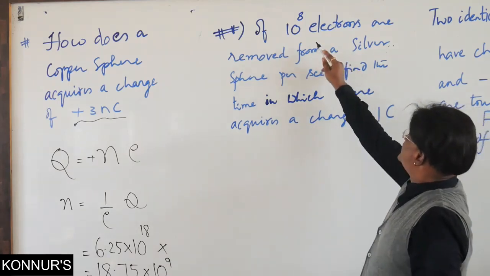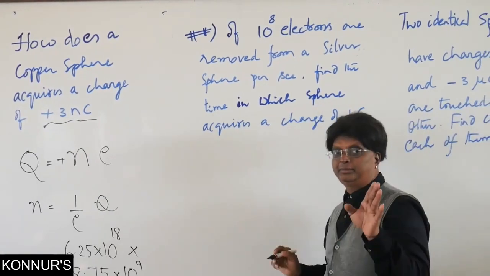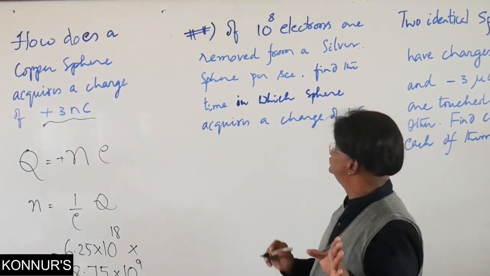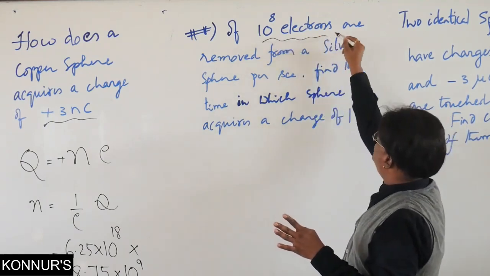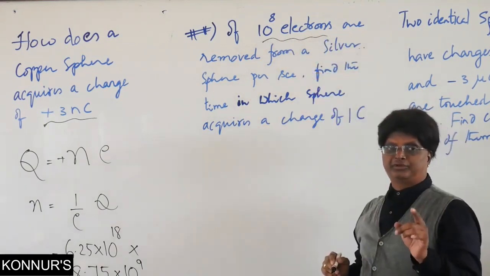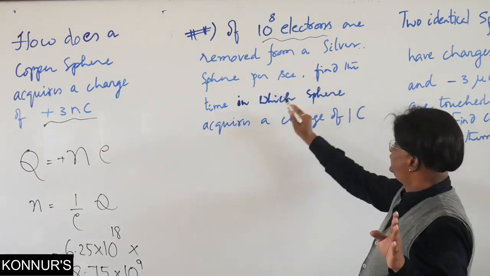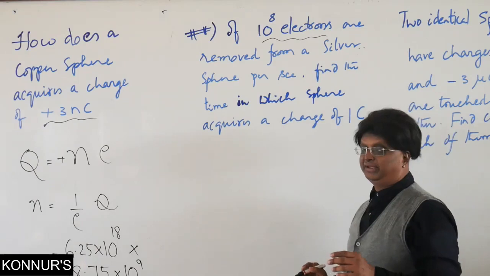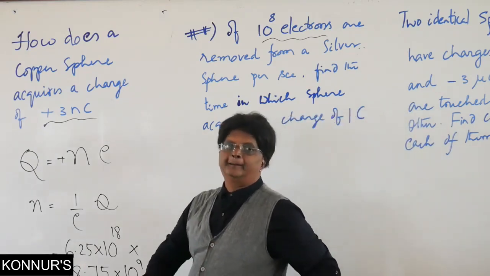Supposing 10 raised 8 electrons are removed from a silver sphere per second. How many electrons? 10 raised 8 electrons per second are removed from a sphere continuously. Then find the time in which the sphere acquires a charge of 1 coulomb is the question.